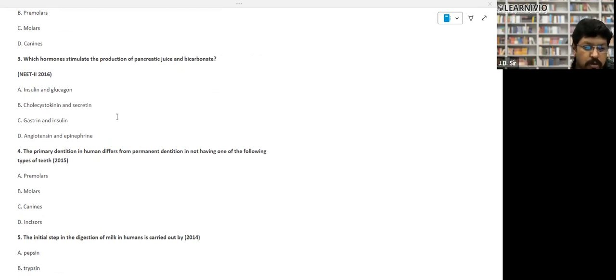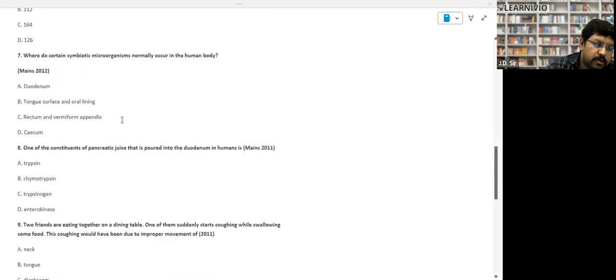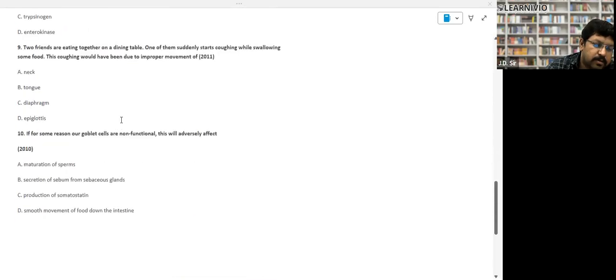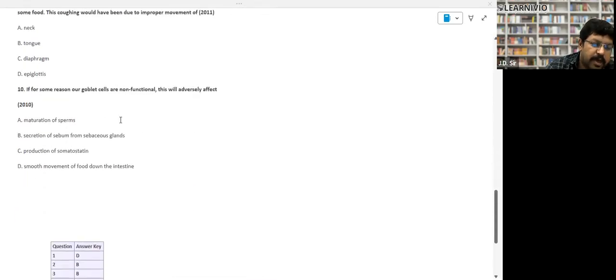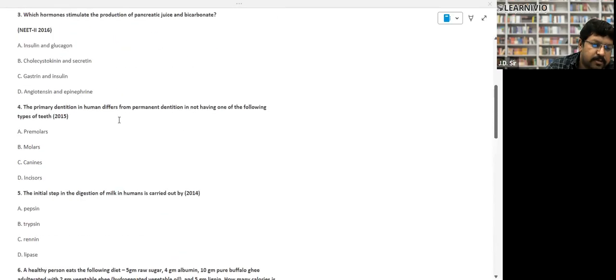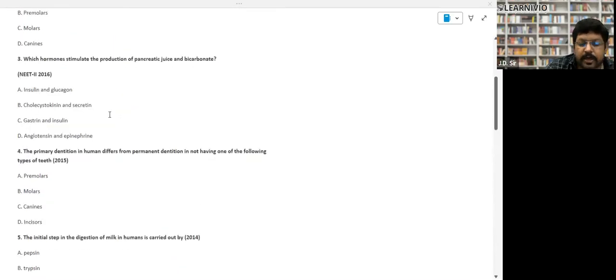Insulin, glucagon; cholecystokinin and secretin; gastrin and insulin; angiotensin. The answer is B, cholecystokinin and secretin. It is there in the PPT.